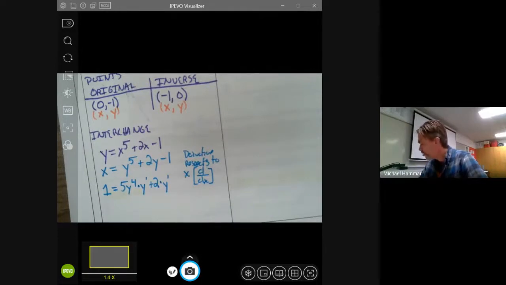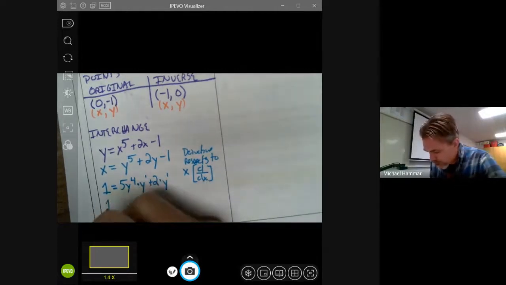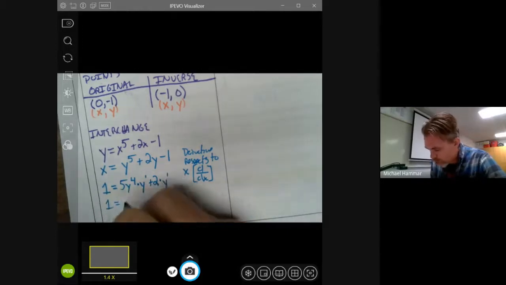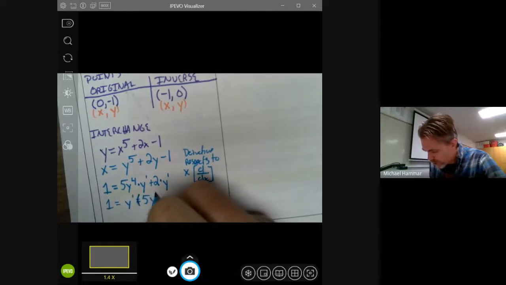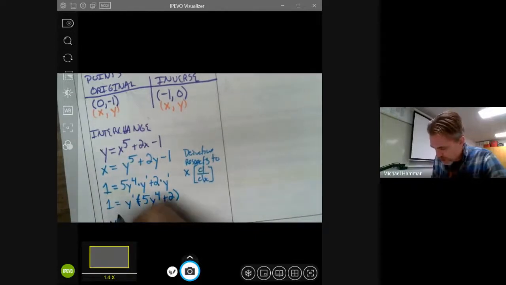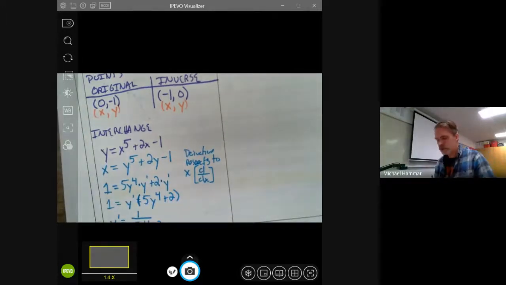Now let's solve for y prime. I'm going to take out my y prime, and it's multiplied by 5y to the 4th plus 2. So y prime equals 1 over 5y to the 4th plus 2.